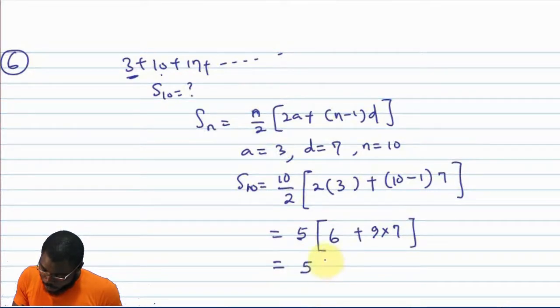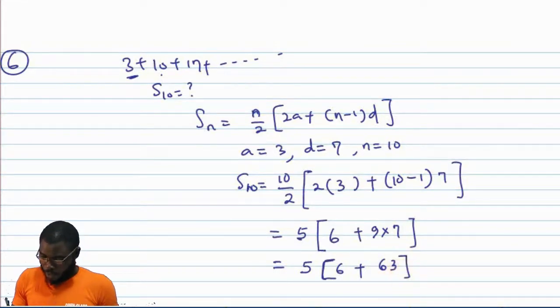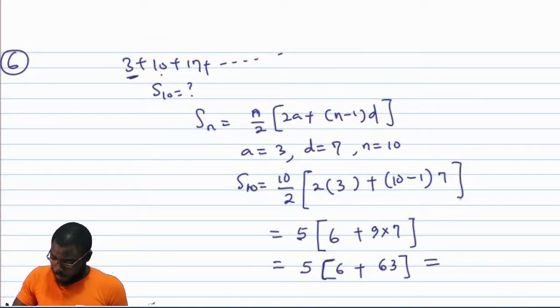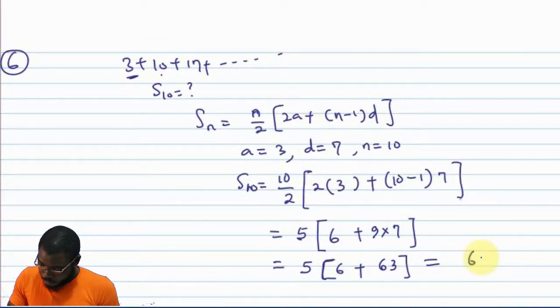9 times 7 is 63. So this is 5 into 6 plus 63, which equals 69 times 5. Since you're not using a calculator, you can break it down into 60 plus 9, times 5.